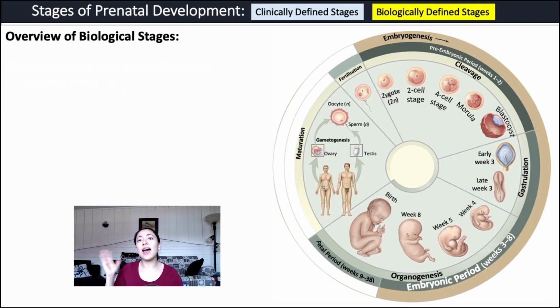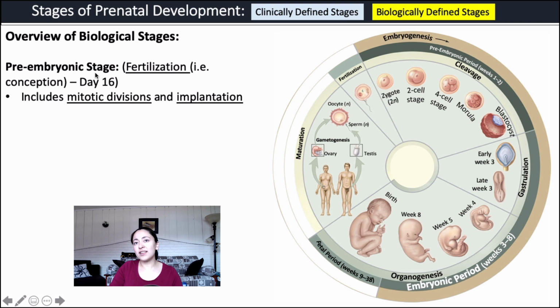So now let's look at the biological stages of prenatal development, which are summarized in this diagram here. One thing I want to point out is that the clinical stages began with the first day of the female's last period, whereas the biological stages begin with fertilization. So about 2 weeks after the clinical stages would begin.